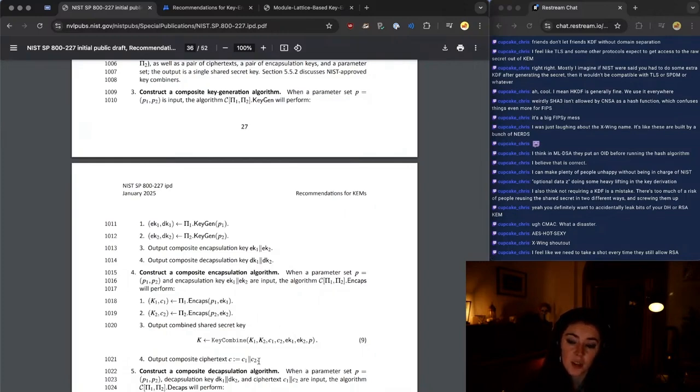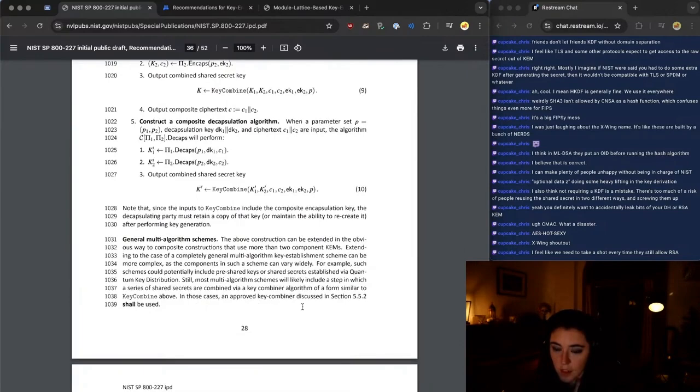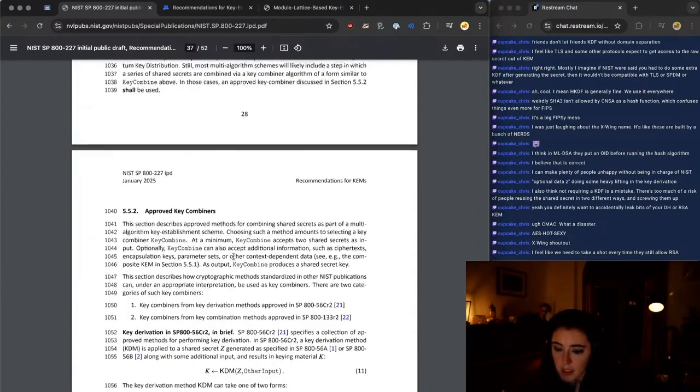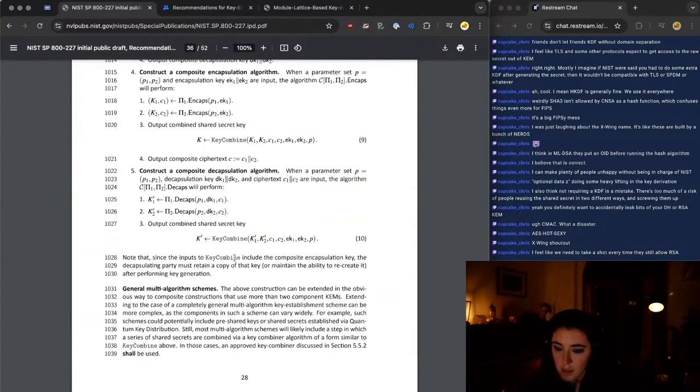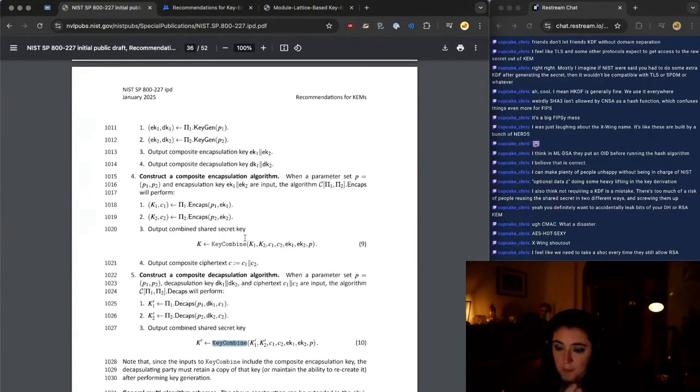But in this document, they're like, here's another KEM, at least making an example of something you can use in a hybrid fashion. So I'm quite happy with this. I'm happy that they were like, wait, and then the question is KeyCombine. So yeah, it's actually pretty great.